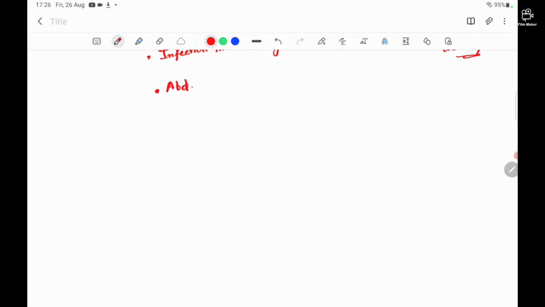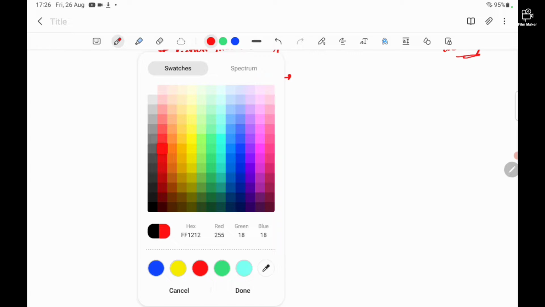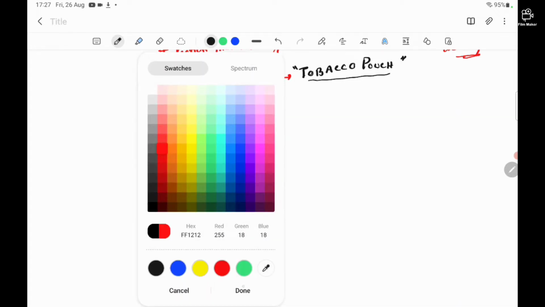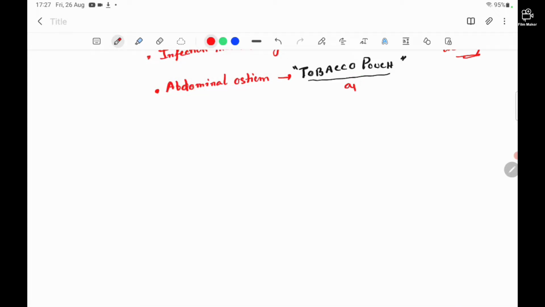The abdominal ostium will have a tobacco pouch appearance.